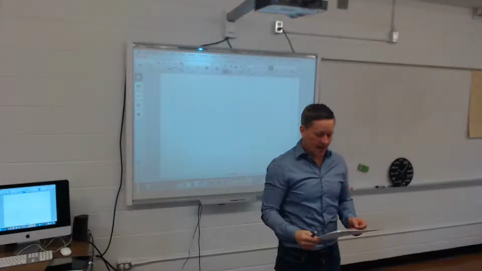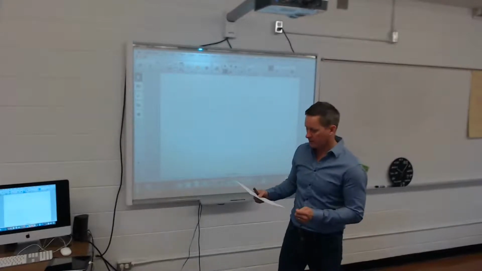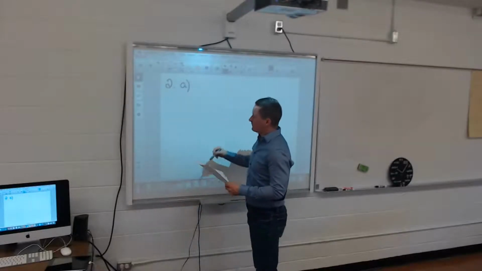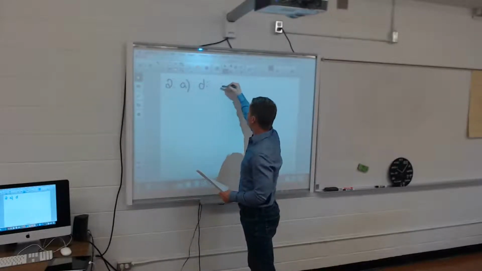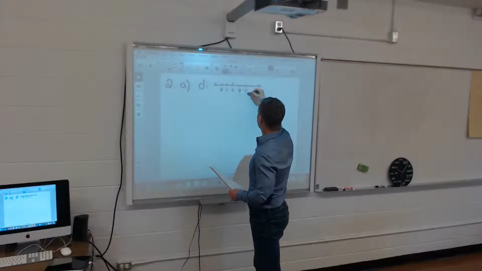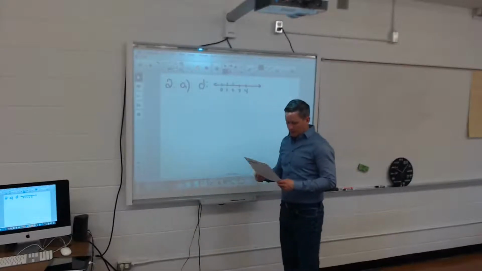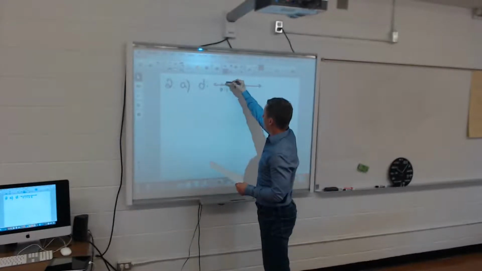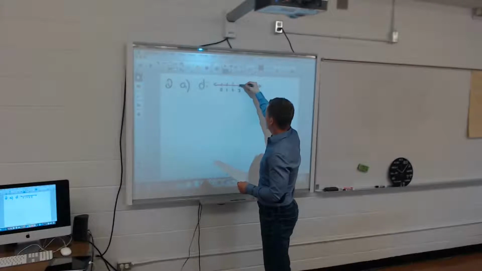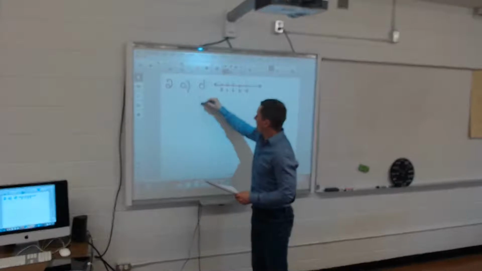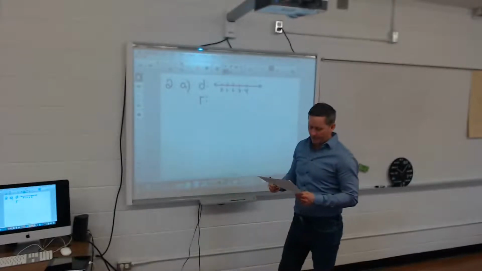Number 2 was an exact question out of the book. In A, it wanted us to find the domain using a number line. Looking at the domain, that's the x values where the dots end up: 0, 1, 2, and 3. That's the domain for the graph.